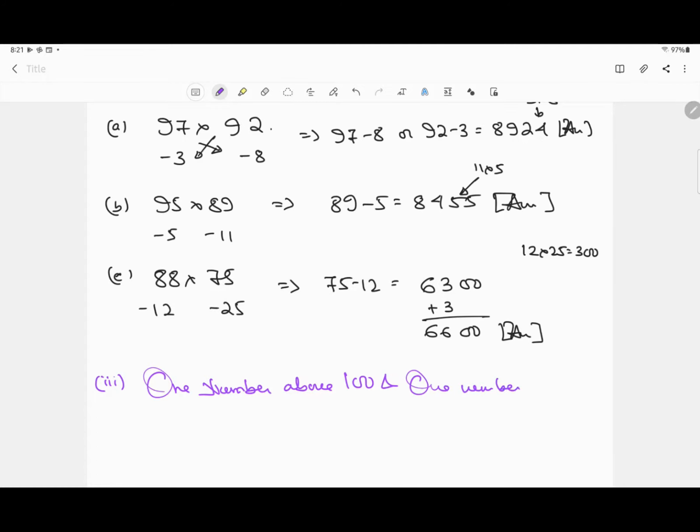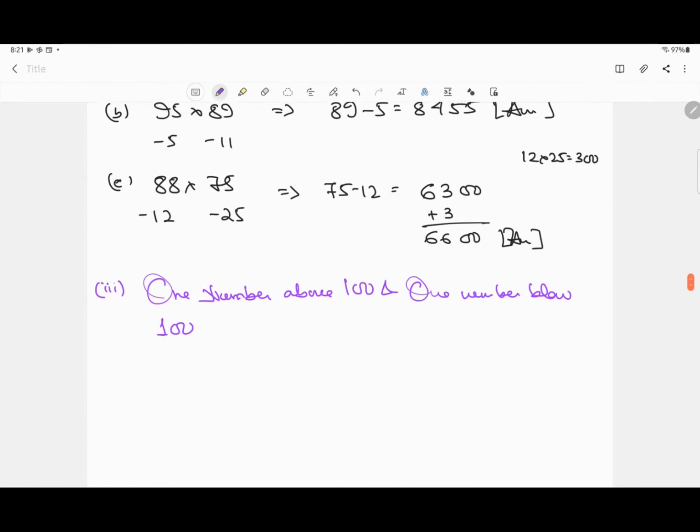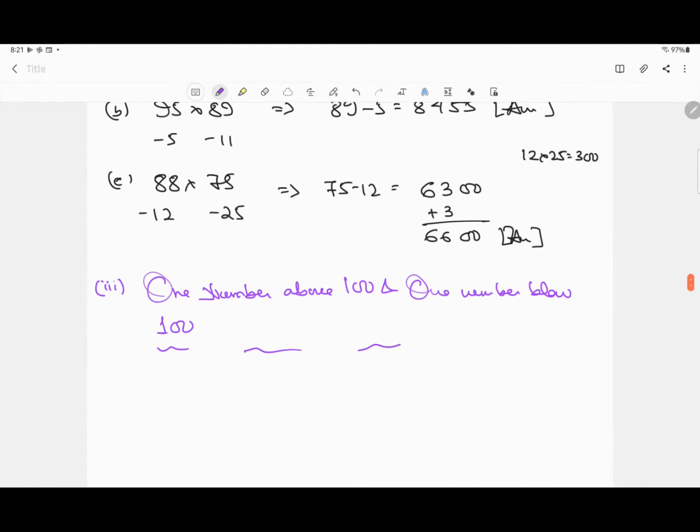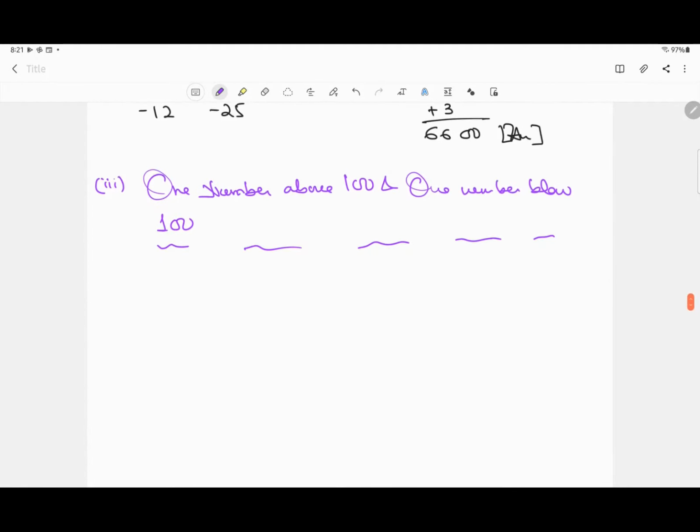So let us take an example. 104 into 98. Okay, so it is plus 4 and minus 2. 100 plus 4 and 100 minus 2. One above 100 and one below 100.